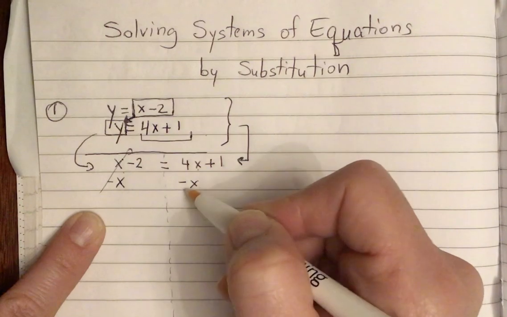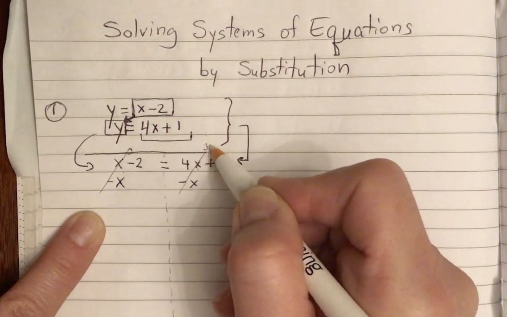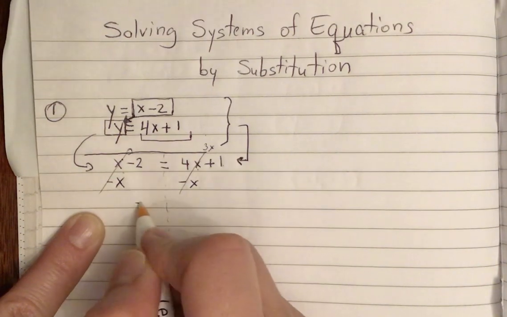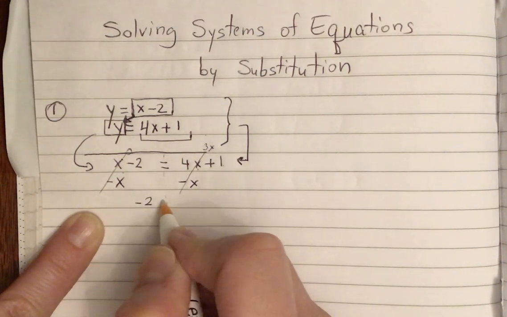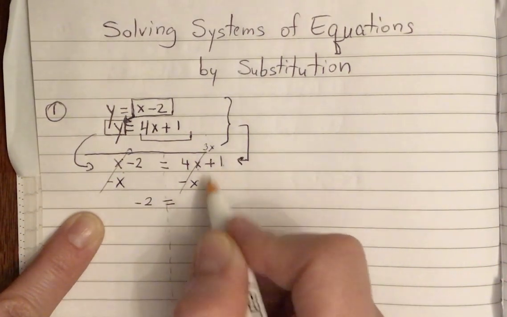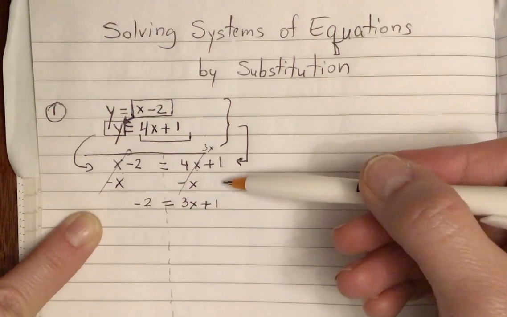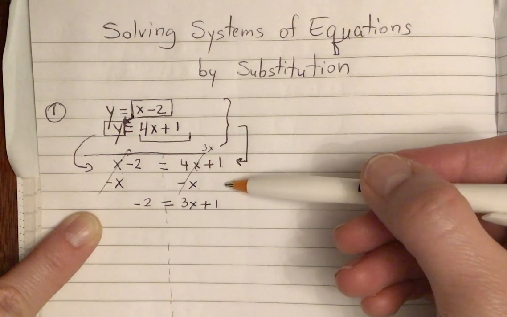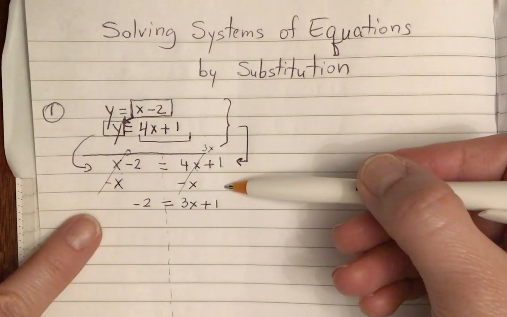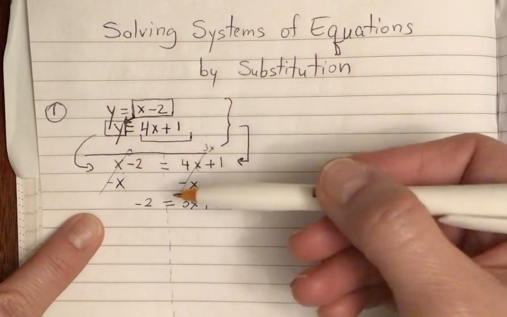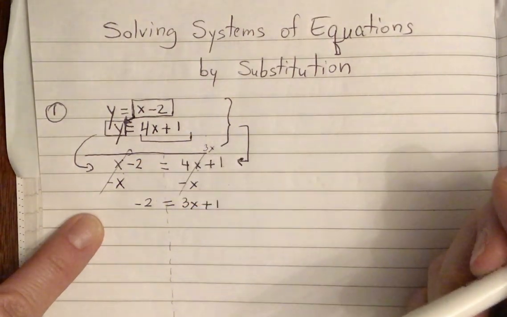Well, 4x take away x, that's going to be 3x. So let's see what we have on the left. On the left, we have negative 2. And on the right, we have 3x plus 1. So obviously, taking away x on the left and the right was a good choice, because 1, 2, 3, 4 terms, now we have 1, 2, 3 terms.